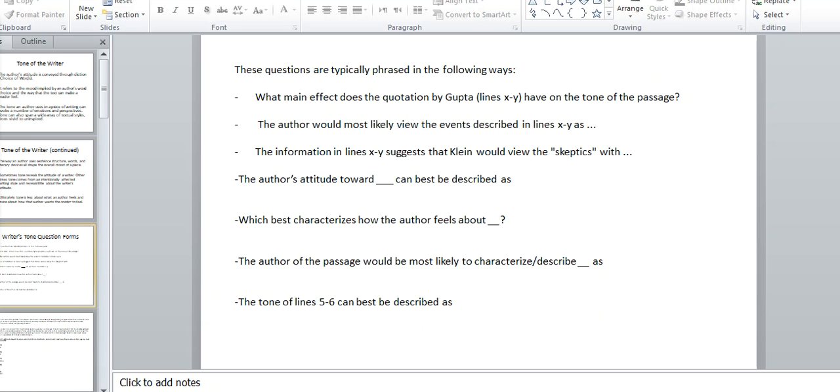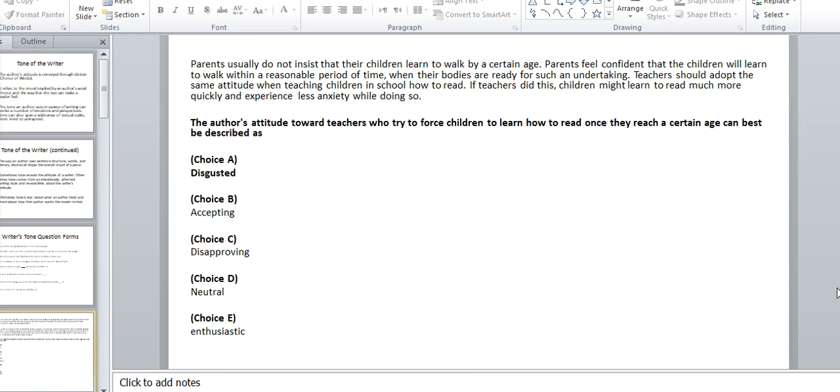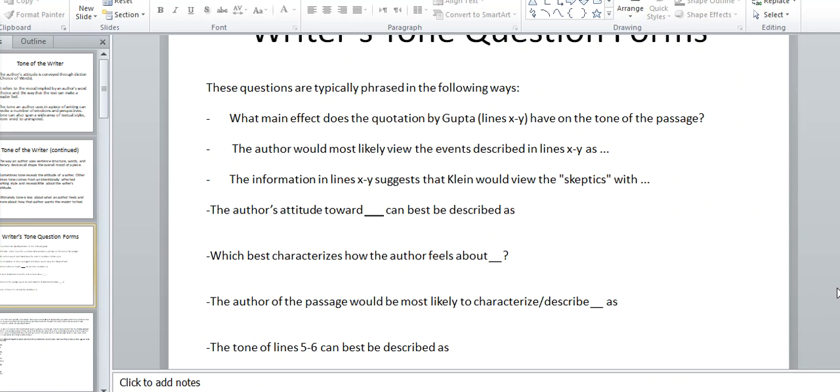Here we got a small exercise. Let's get into this exercise together. These questions are typically phrased in the following ways. You can pause the video and jot down these different formats of tone, attitude related questions.